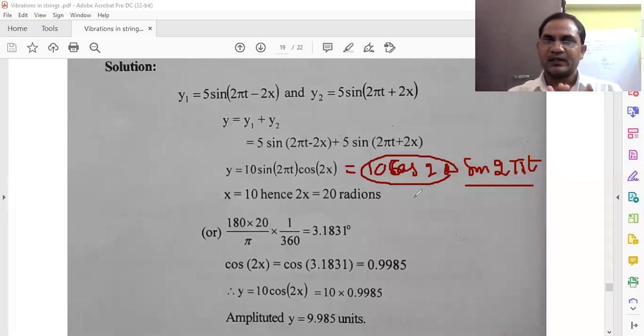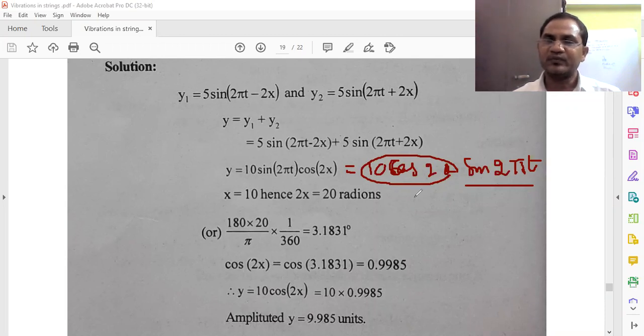In the wave equation y equals a sine of (omega t minus kx), the coefficient of the sine function, that is a, represents the amplitude. Similarly, here the sine function coefficient, 10 cos of 2x, that whole term represents the amplitude of the resultant wave. What is that resultant wave?